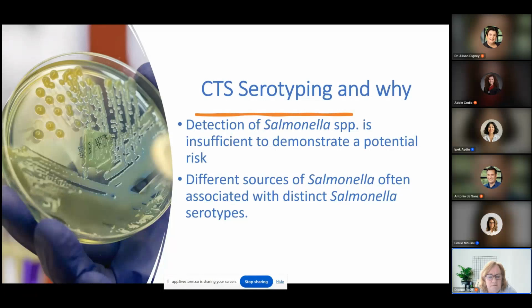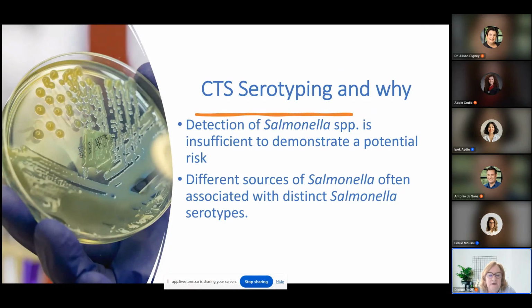We look at CTS. Why would a lab want to then do Salmonella serotyping? If we look at the detection of Salmonella, just the species itself is insufficient to demonstrate a potential risk.